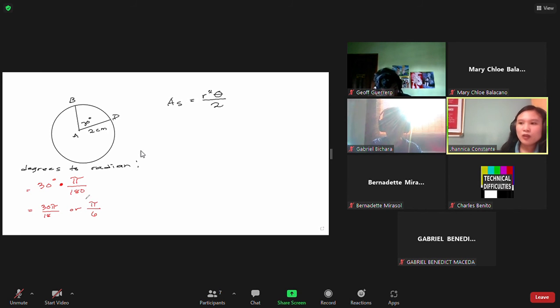So since we already converted the degree form of our angle to radian, we can now proceed in finding the area of our sector. So radius is 2 centimeters squared times the radian angle, which is pi radian over 6, divided by 2.